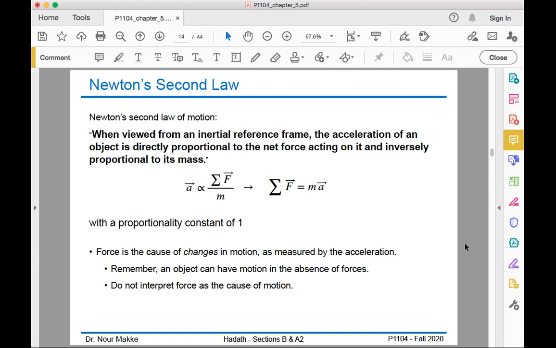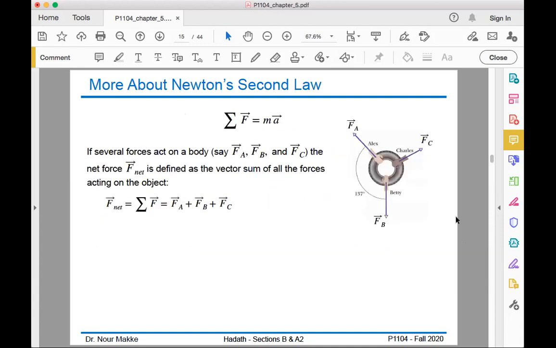If you have a force, then the state of the object will change. If it is at rest, it will start moving. And if it is moving with a constant velocity, it will change the velocity and will have an acceleration. So this is the way we understand the force according to Newton's second law, given by the sum of external forces equals ma.